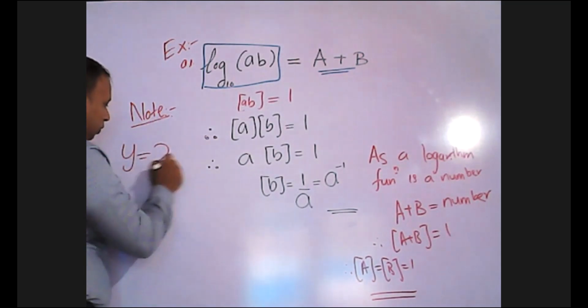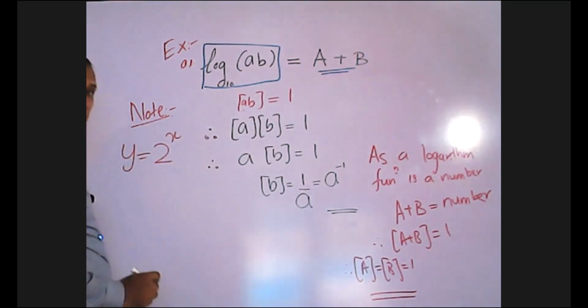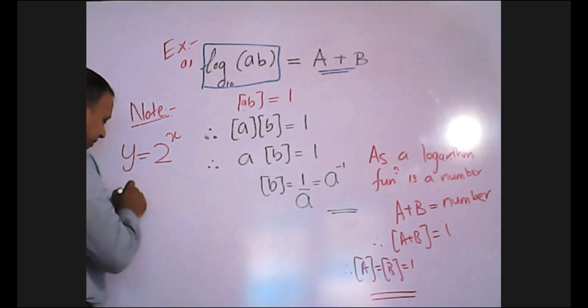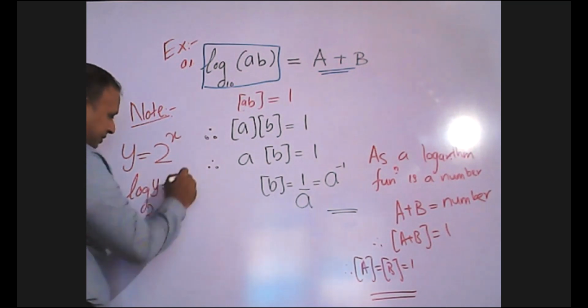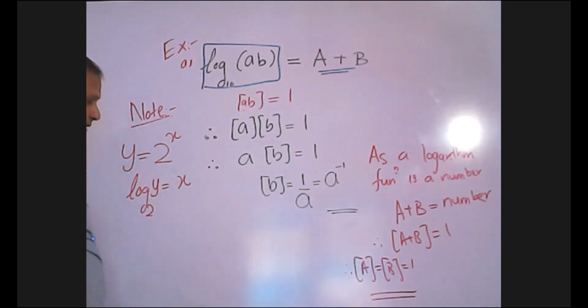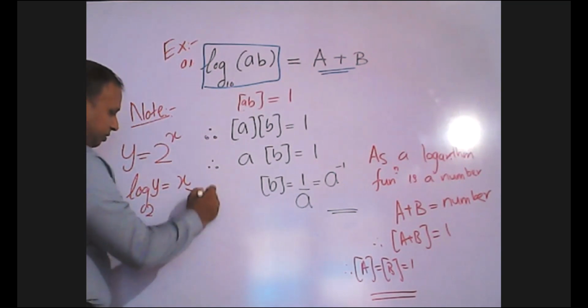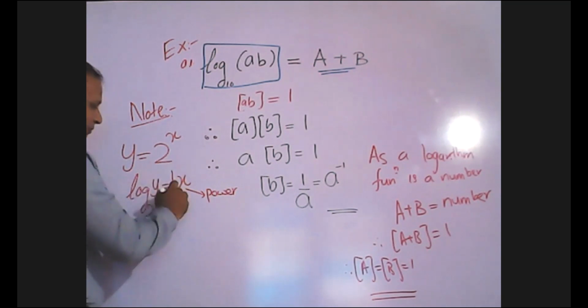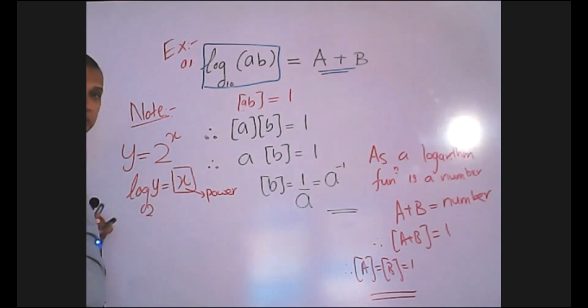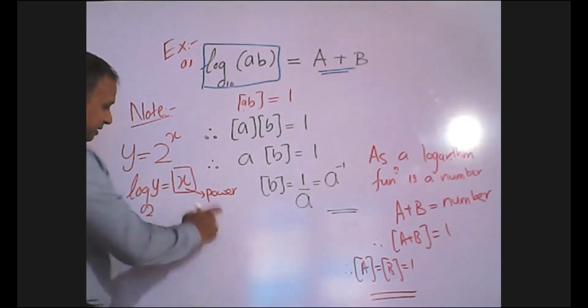Y equal 2 to the power x. We can write it as a log function: log 2 y is equal x. So this is a power, no? If it is a power, this is a number.